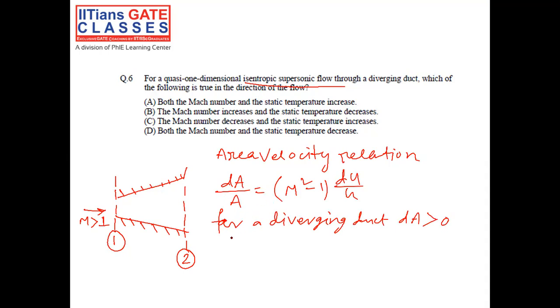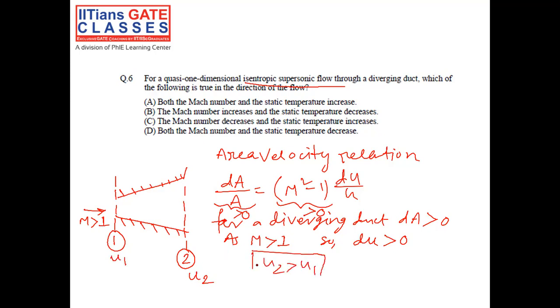From this equation, and as M is greater than 1, this part will be greater than 0. As dA is also greater than 0 for a diverging duct, du has to be greater than 0. Hence in a diverging duct, flow accelerates. That means if the exit velocity is u2 and the inlet is u1, then u2 has to be greater than u1 for a supersonic flow in a diverging duct.